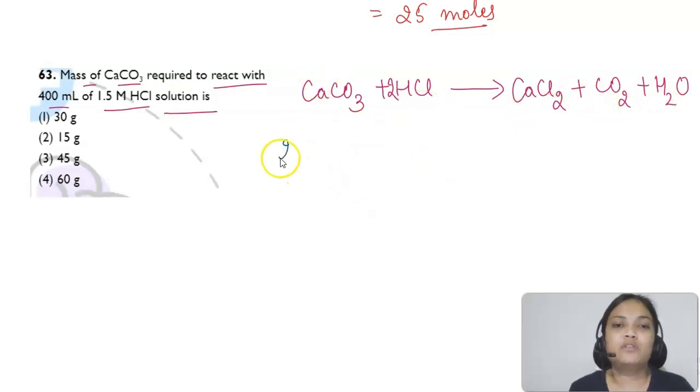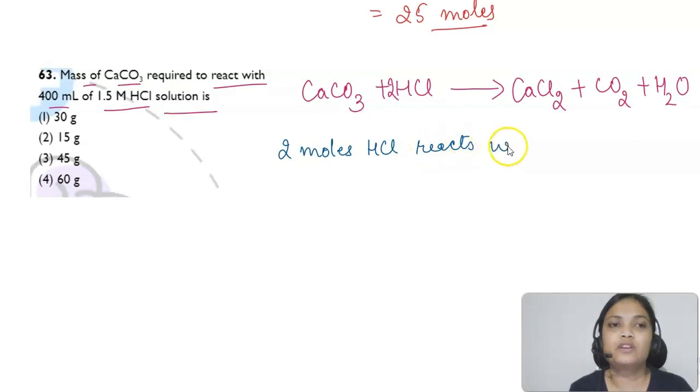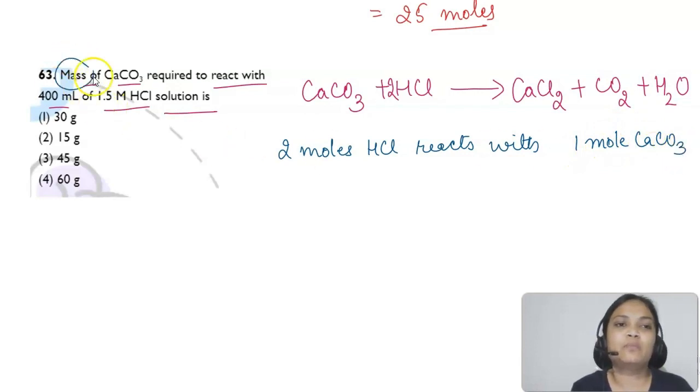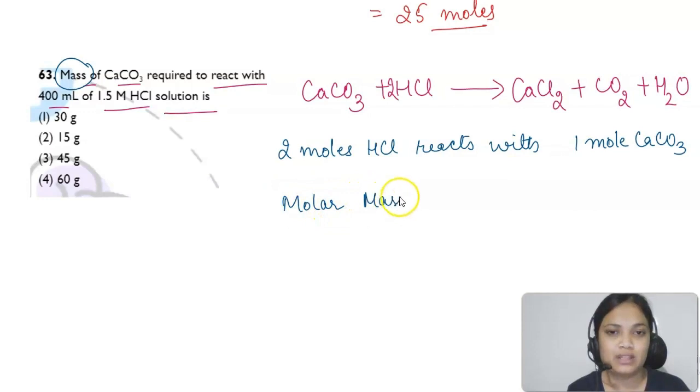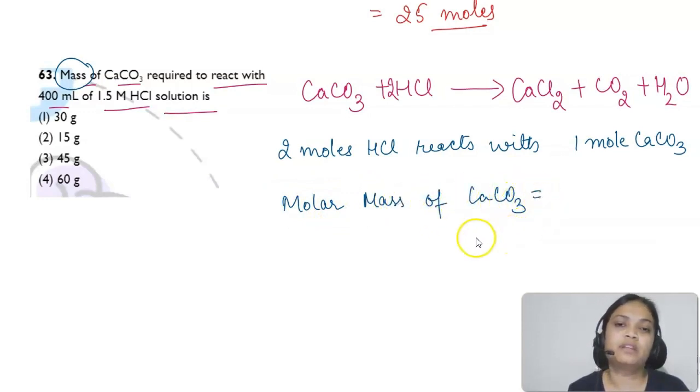Now you can see from this equation that 2 moles of HCl react completely with 1 mole of calcium carbonate. Here we are talking about mass, so what is the molar mass of calcium carbonate? Calcium is 40, plus carbon is 12, plus 3 into 16 for oxygen.